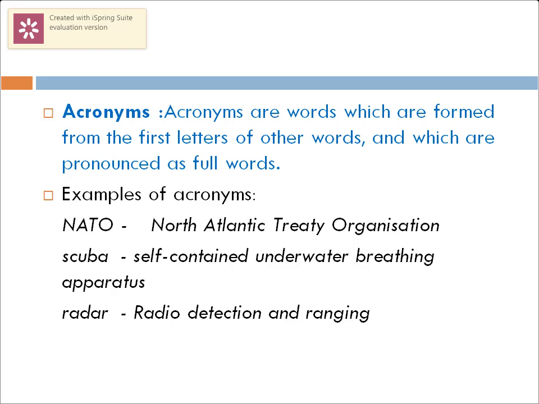NATO is not pronounced letter by letter, but as a full word. So this is one little difference between an initialism and an acronym. In an initialism, the letters of the abbreviation are pronounced separately, whereas in an acronym, they are pronounced as a full new word. Similarly, SCUBA is for self-contained underwater breathing apparatus, or radar is for radio detection and ranging. So there are many acronyms that we find in our everyday usage.